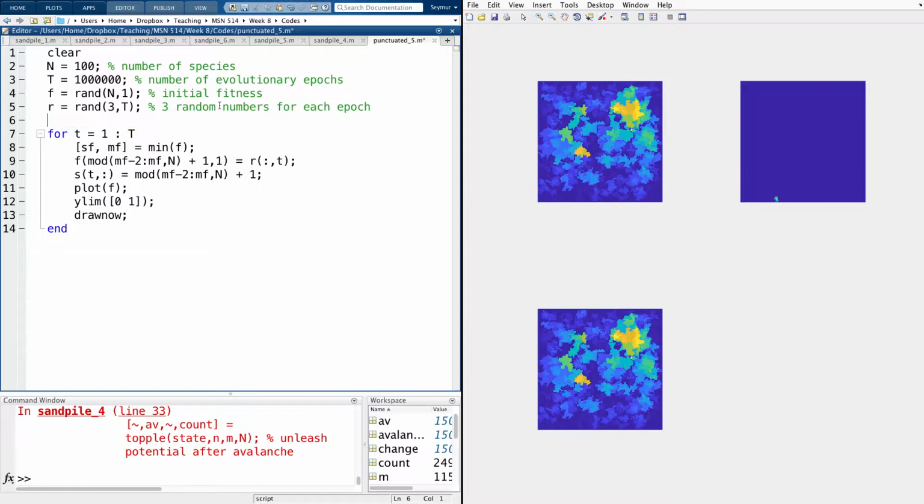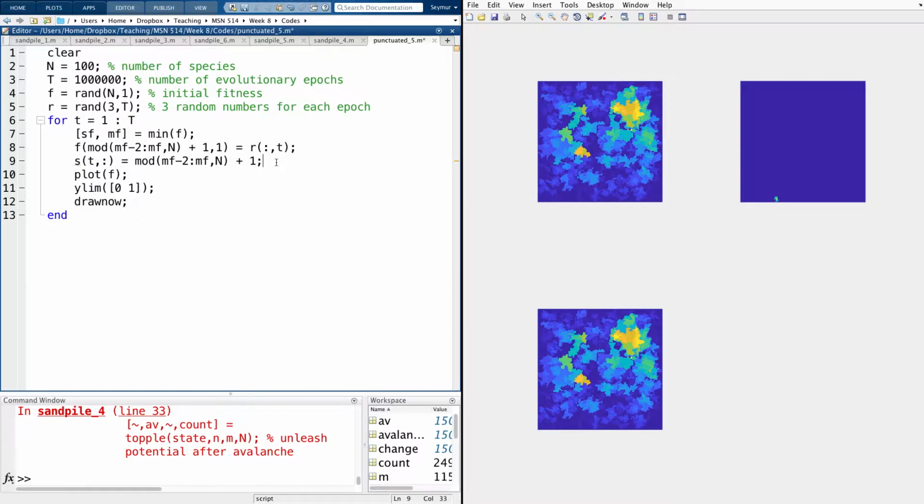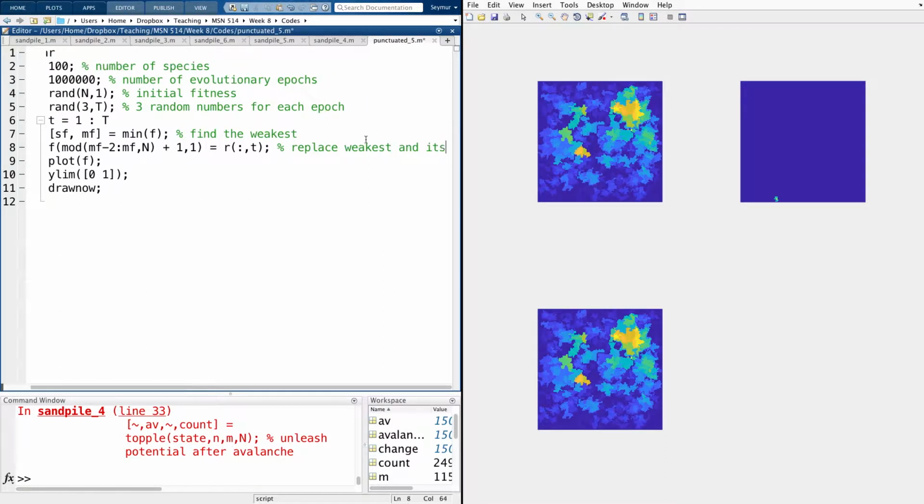I don't think it's something useful, so I will just erase it. So this one, find the weakest. Sorry, just find the weakest. Replace the weakest and its neighbors.